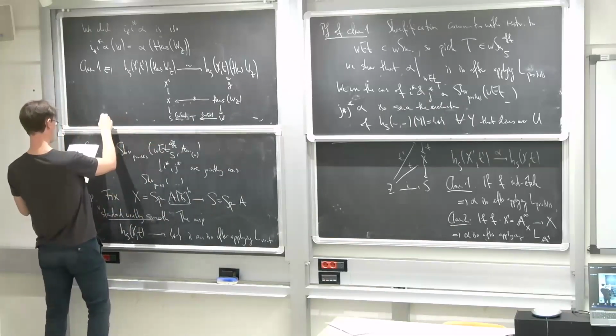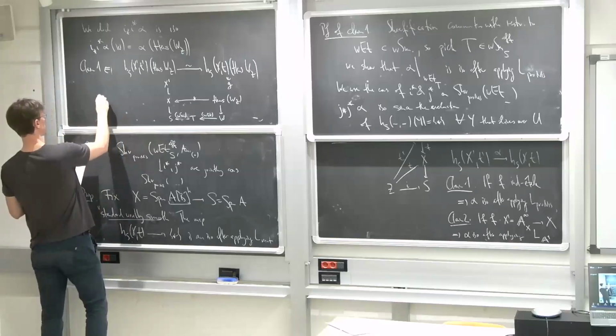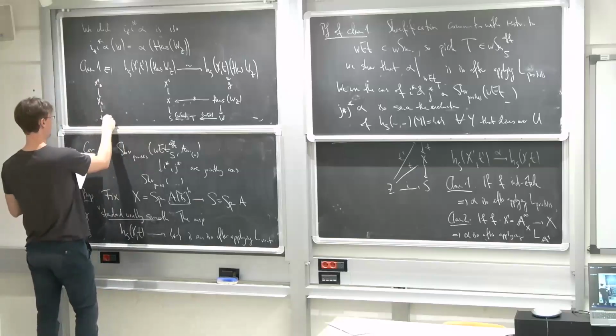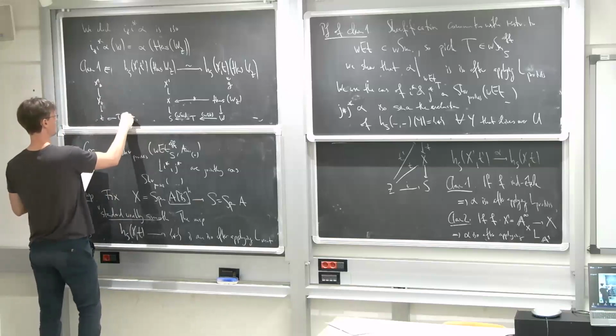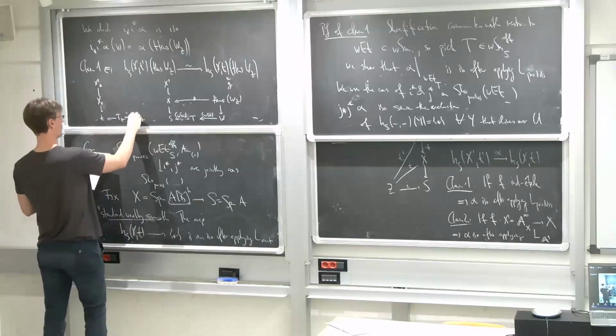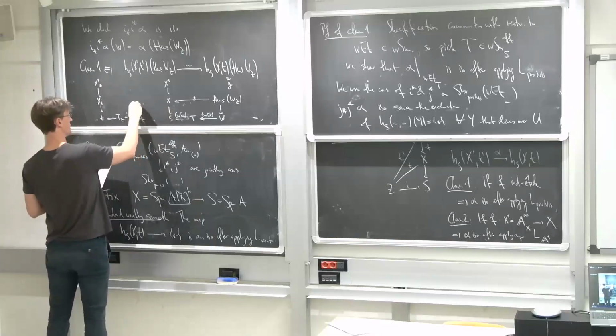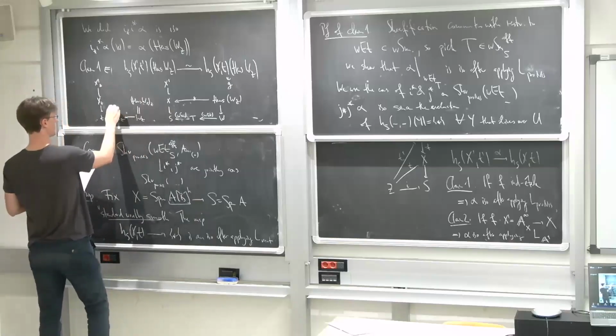So let's draw the special fibers. So here we have X_Z, X'_Z, Z. Okay, here we have T_Z, W_Z, and now this is the same as the special fiber of this Henselization. So that's an isomorphism, and this is with G_Z.